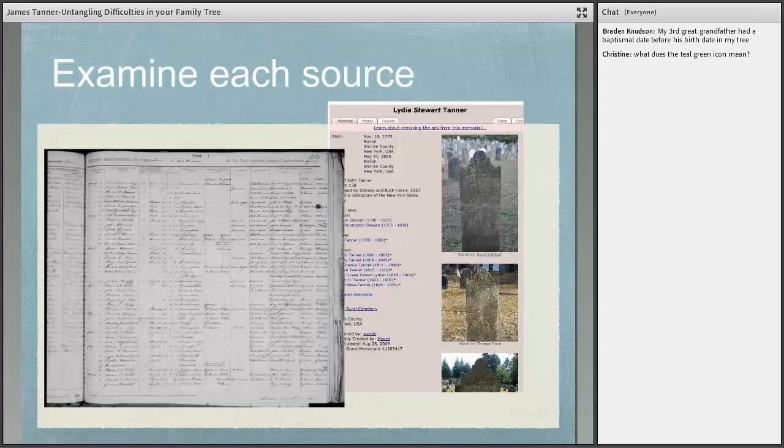The other record shown on the slide is a Find a Grave record. Now, the Find a Grave record has a picture of the grave marker, and if I can identify that as the correct person, having had that picture taken in the cemetery where I know that the person was buried, then that may be a record and a source for additional information.